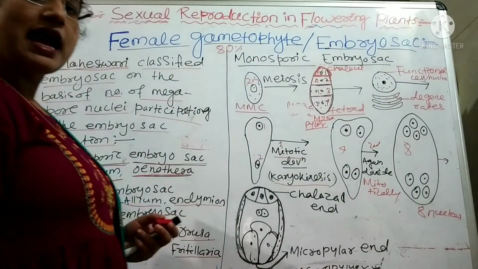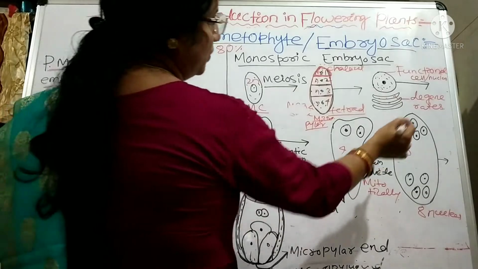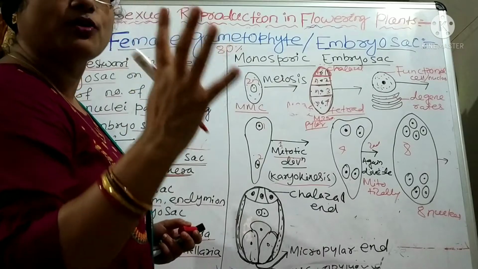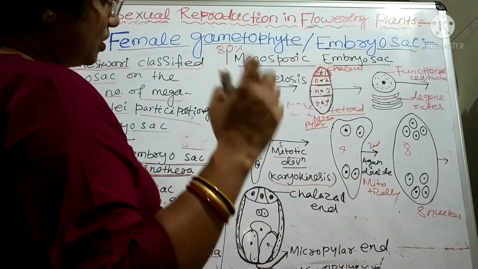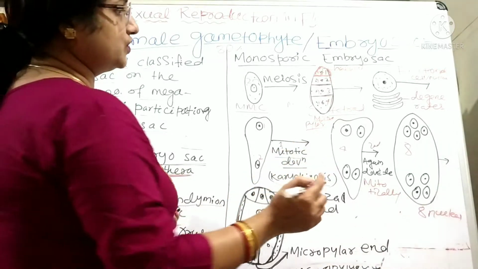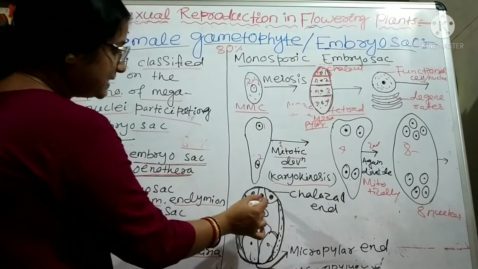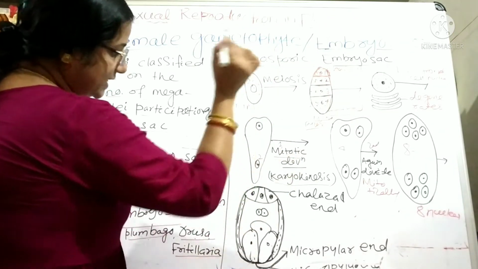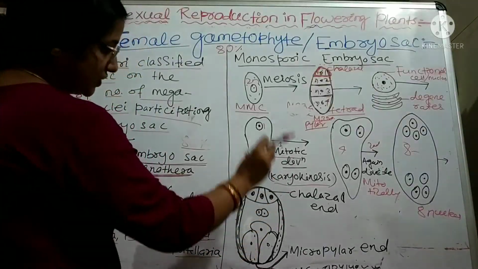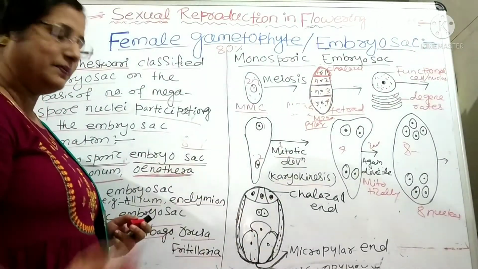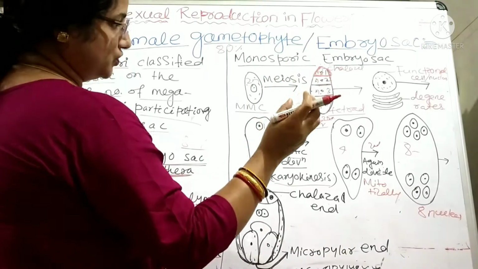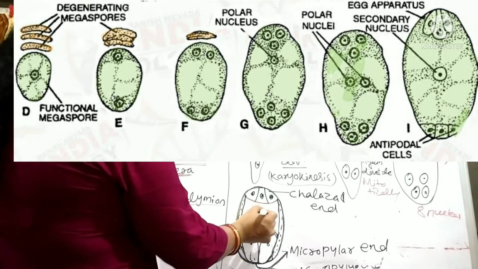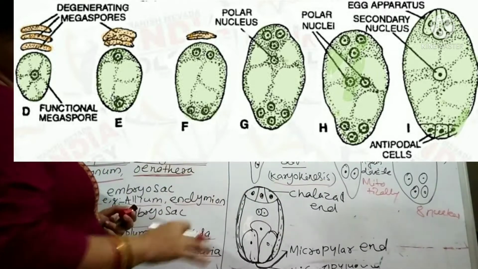After the 8 nucleate stage, 3 nuclei move towards the chalazal end, 3 nuclei move towards the micropylar end, and 2 nuclei are present in the center, attached to each other.